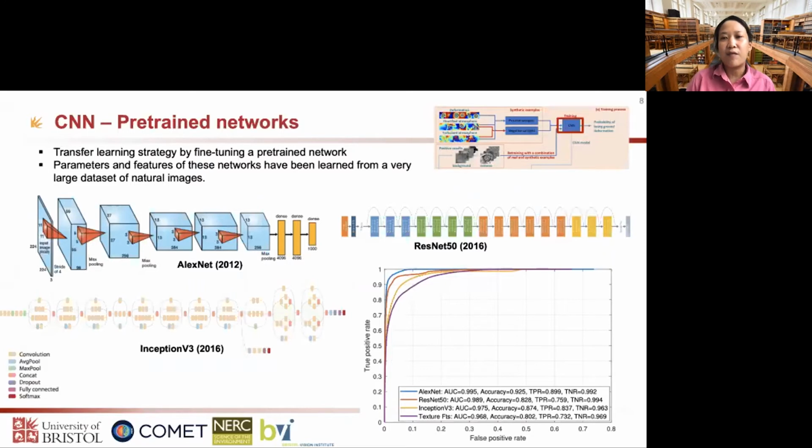We didn't train the CNN from scratch, but used a pre-trained network and fine-tuned it to learn characteristics particular to InSAR images. When we started, we tested several networks and found that shallower architectures like AlexNet give better results than deeper ones. So we used AlexNet.